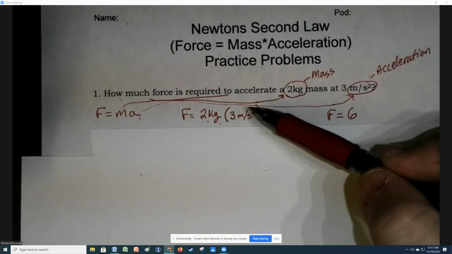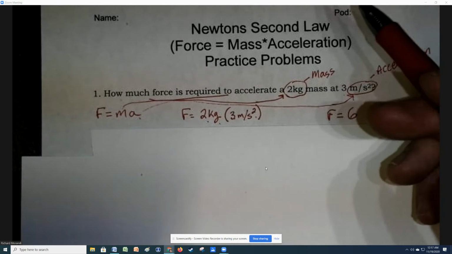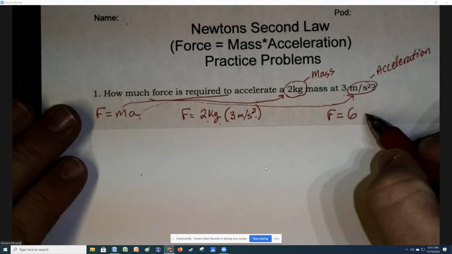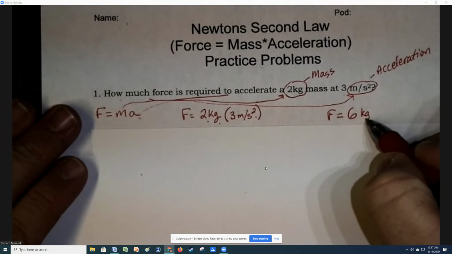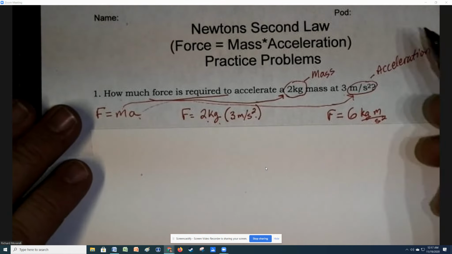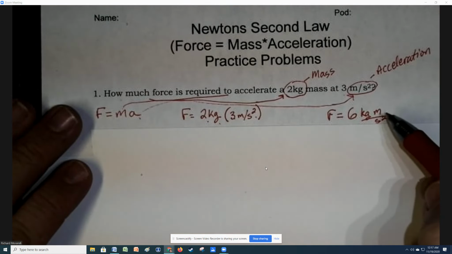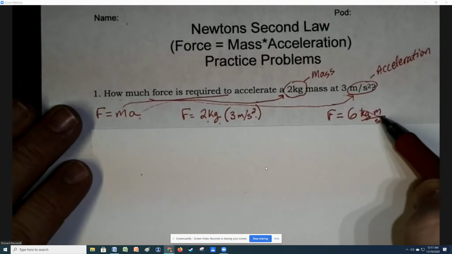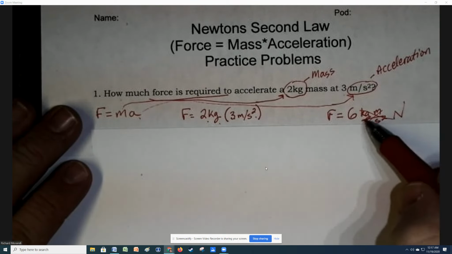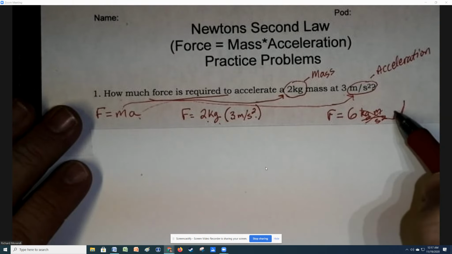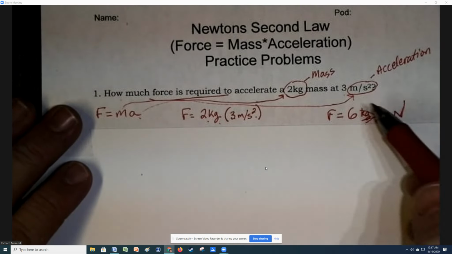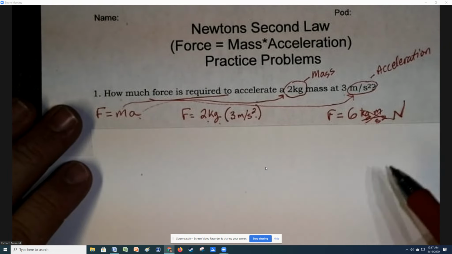But kilograms and meters per second squared are so different, I can't multiply them together, so I carry those units over. Kilogram meters per second squared. Now, if you remember from the slideshow we just went over, I can replace that with just newtons, a capital N. We measure forces in something called newtons because that is way easier to remember than that. So the force in this problem was 6 newtons.